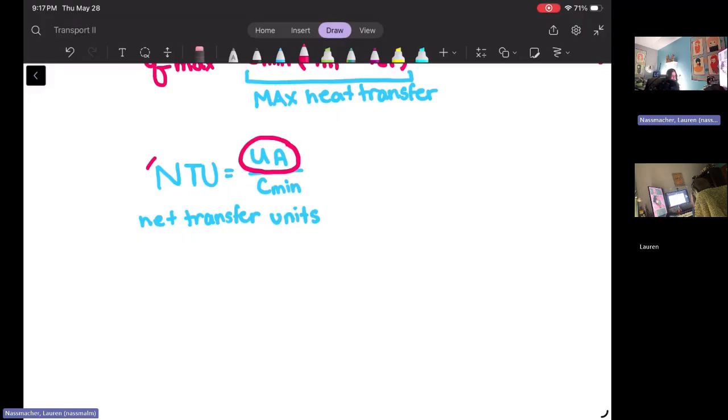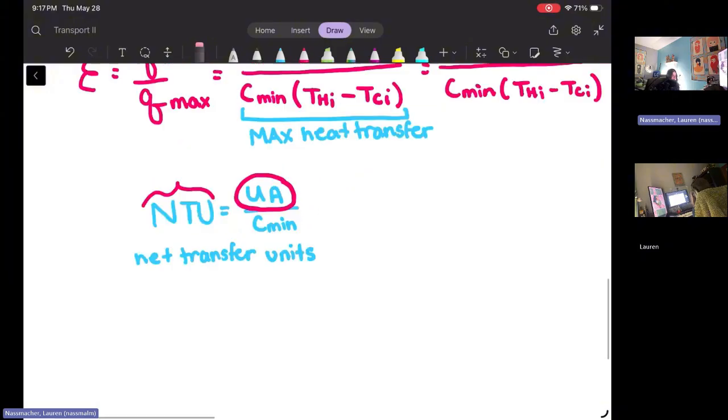So you go, I've got a number for this little guy right here. Let me solve for my mass flow rate heat capacity minimum stream. And then you go, oh, found it. Okay, let me change stuff up for that.